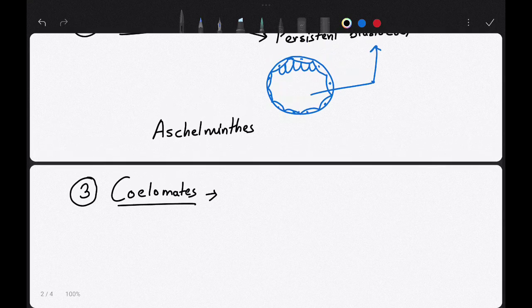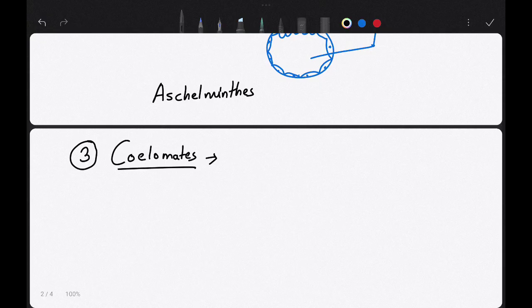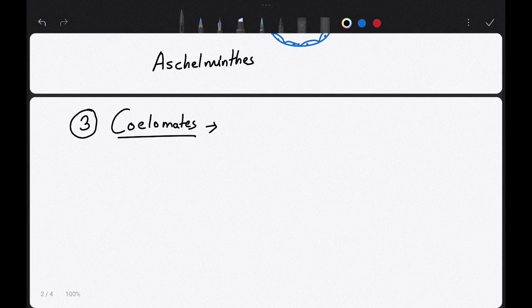Let me give you an example. Suppose in humans or in higher organisms, you will see the presence of a true coelom.